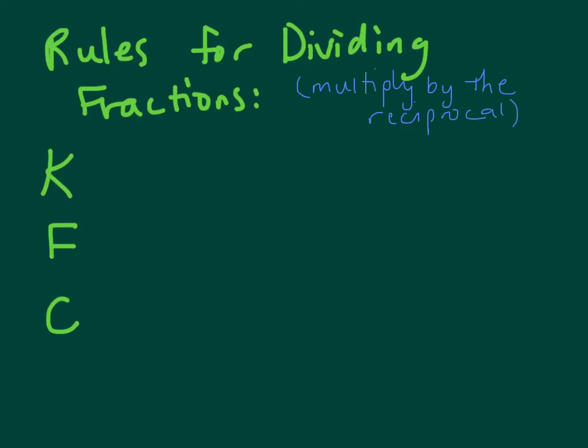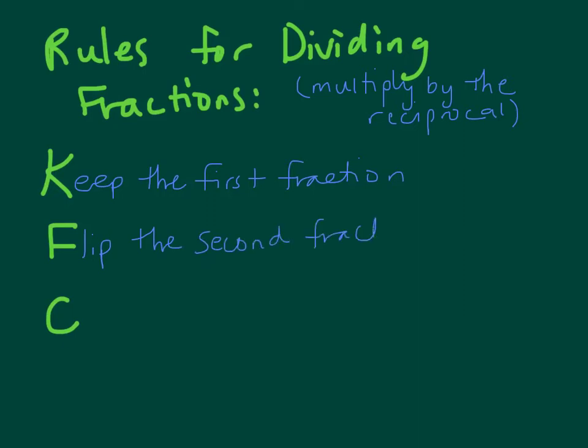All right, and a little way to remember that is KFC. The first thing we do is we keep the first fraction. We keep it exactly as it is. The only thing we need to make sure we do is maybe change it to an improper fraction. The second thing we're going to do is flip the second fraction, making it into the reciprocal.